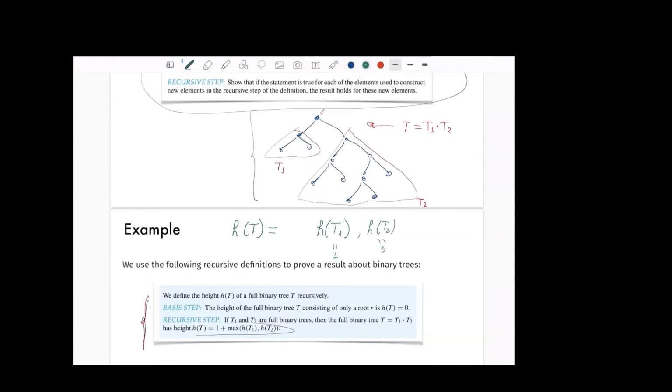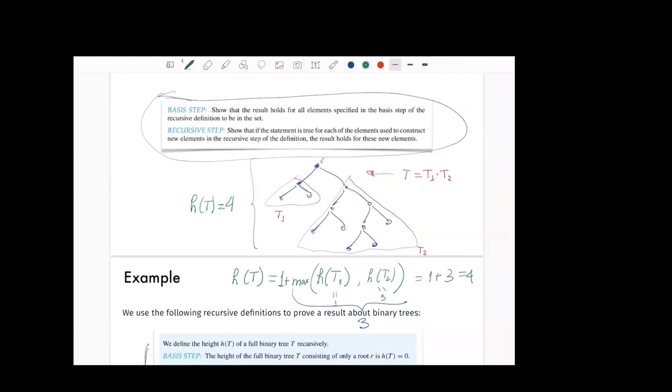Take the larger of these, which will end up being 3, and add 1 to it, which will end up being 4. So the height of this tree ends up 4, okay? Okay, so this is clear, right?